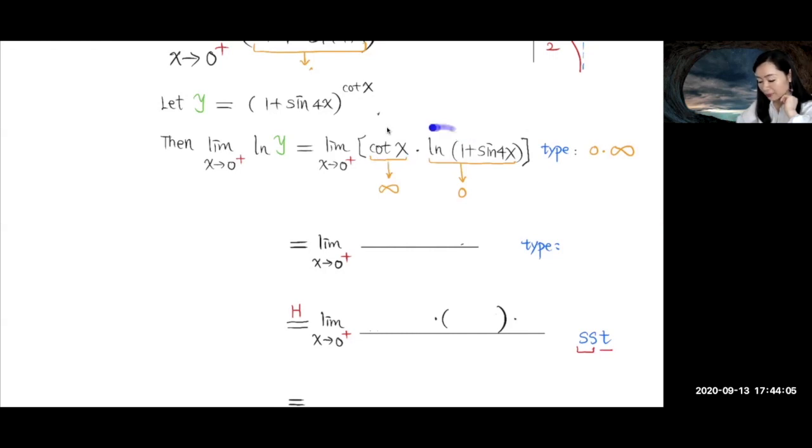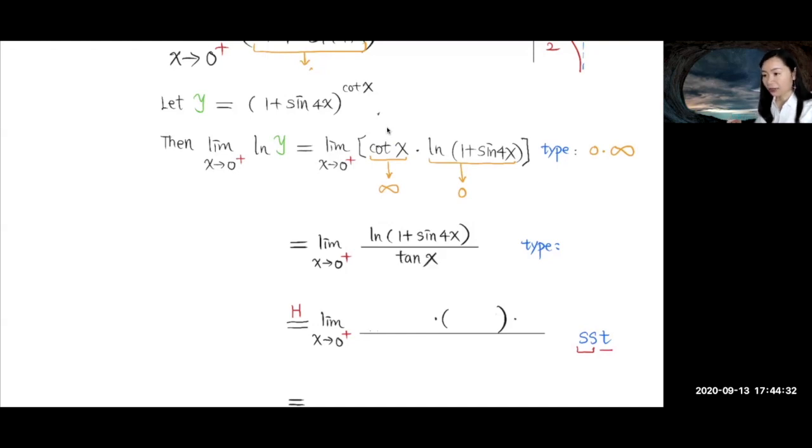So let's keep this one in the numerator. And then we're going to divide by the reciprocal of this function. Remember, the reciprocal of cotangent x is tangent of x. So we're going to divide by tangent of x.